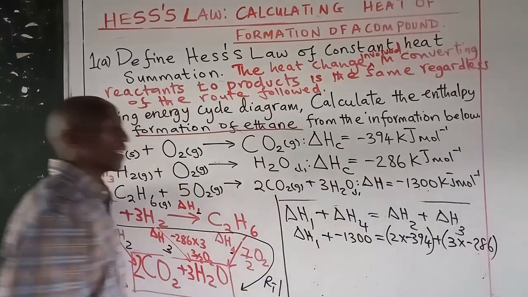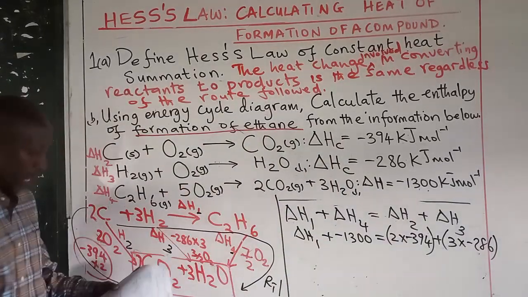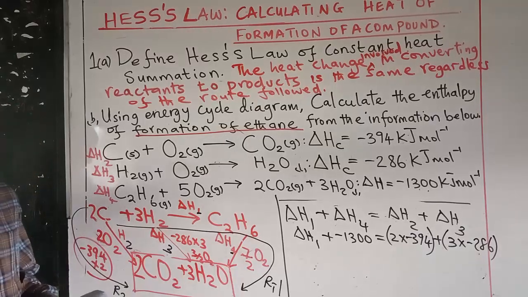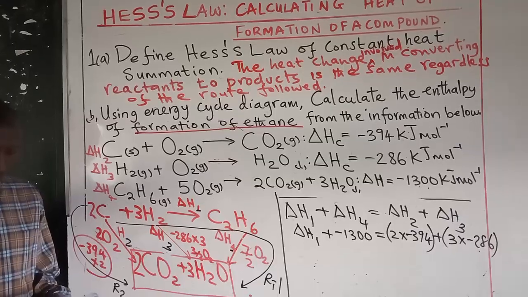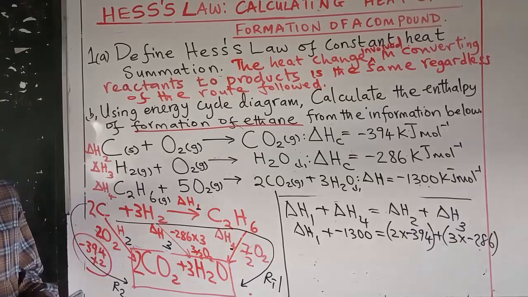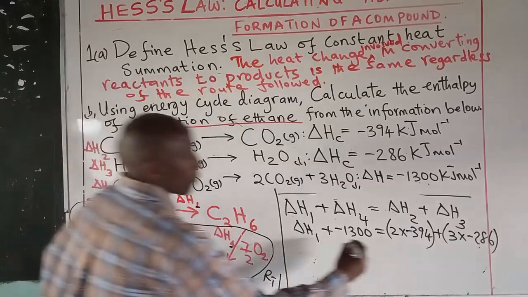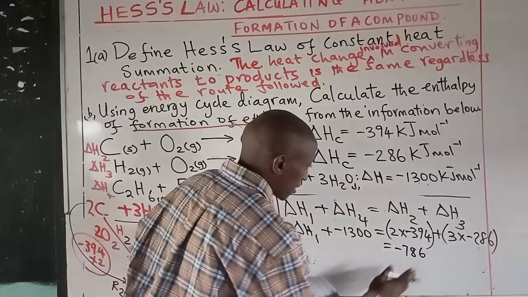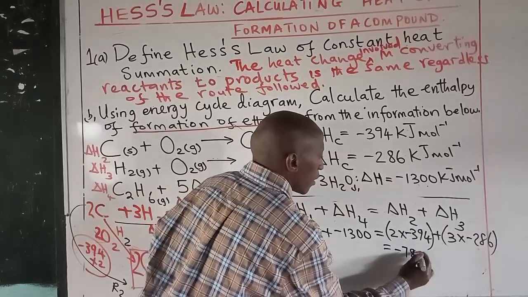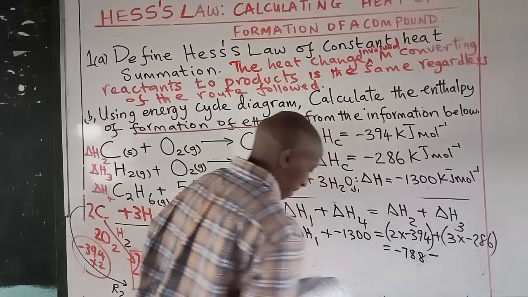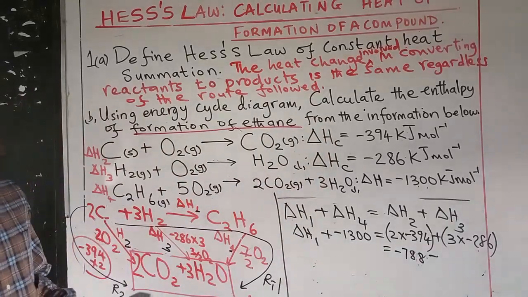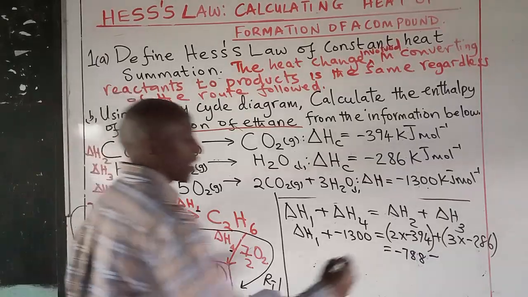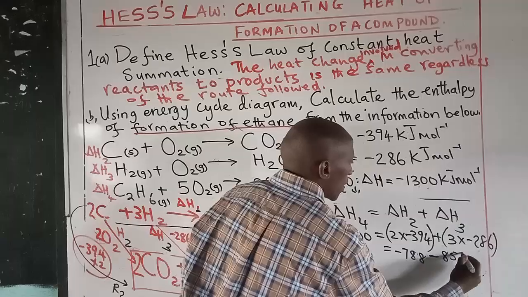So viewers, let's get our calculator and work out each one of those 2 points. Negative 394 times 2 will give us negative 788. Then 3 times negative 286 gives us negative 858.